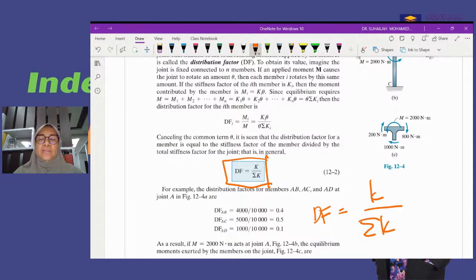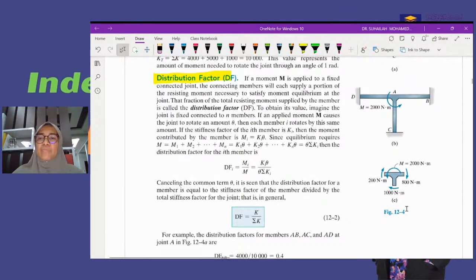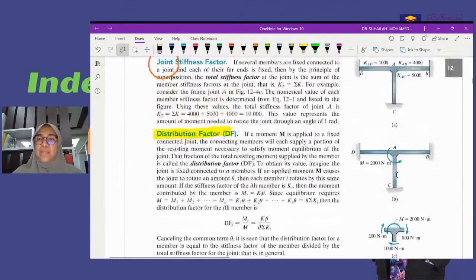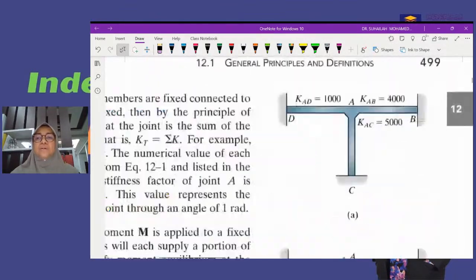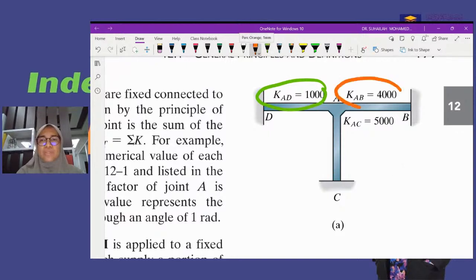For example, if K is given, let's refer to this figure 12.4B, with A, B and C. From this frame we have member AD, member AB and member AC. For member AD, the member stiffness is 1,000. For member AB, the member stiffness is 4,000.